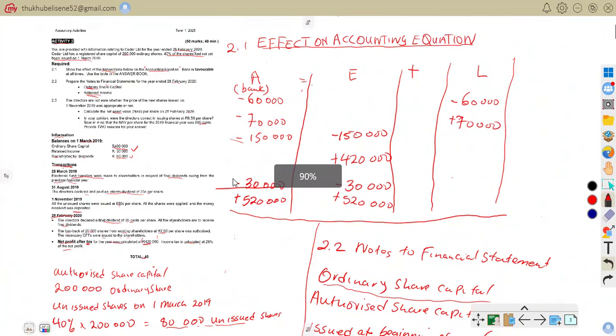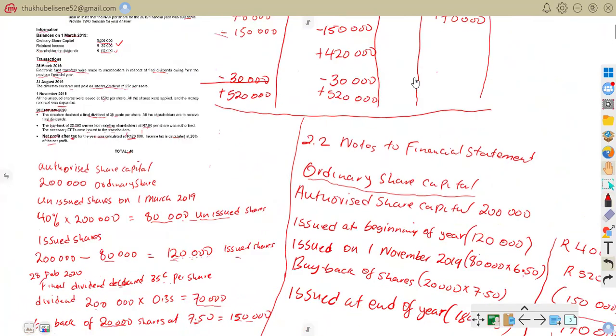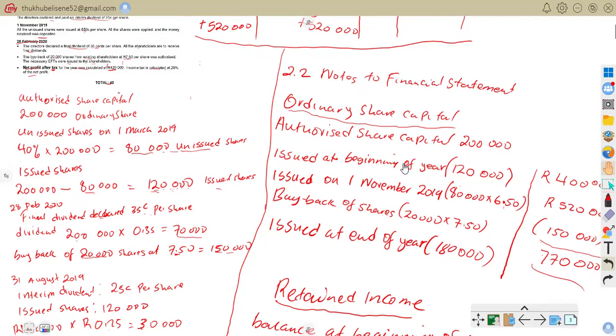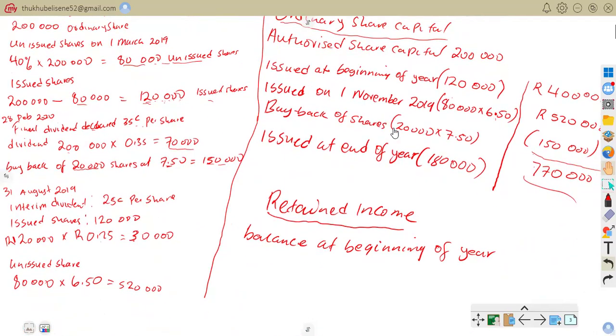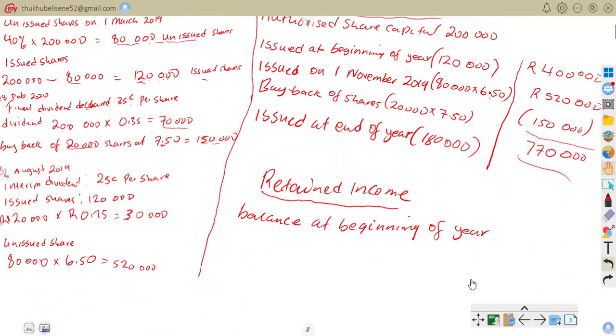So now let us write it. Here on our retained income, the balance at the beginning of the year is 30,000. Next is net profit after tax.